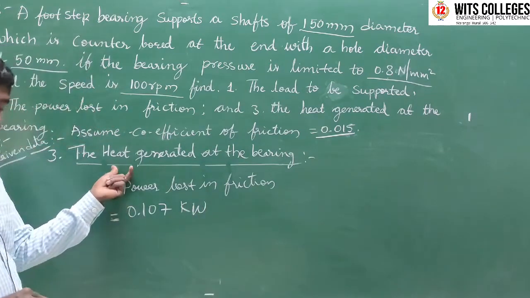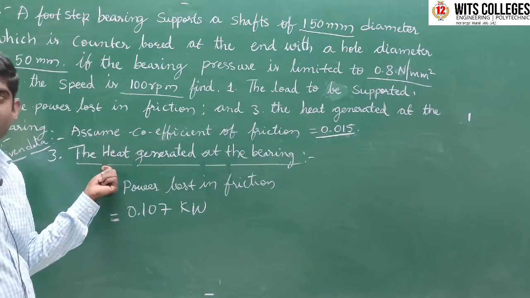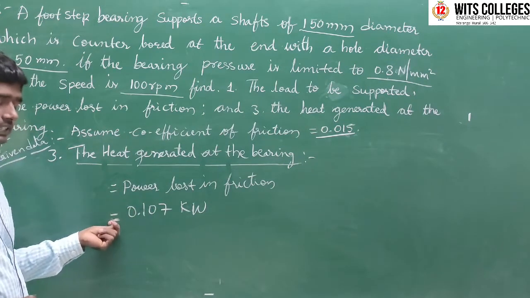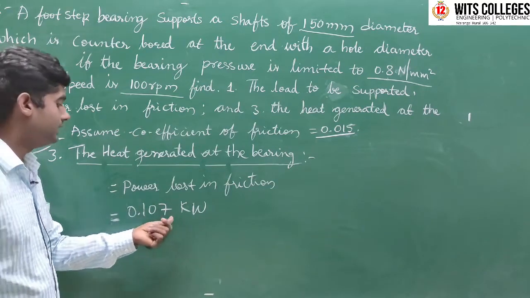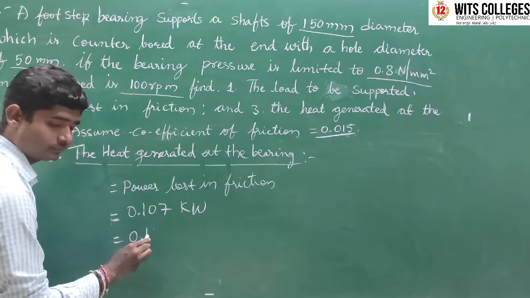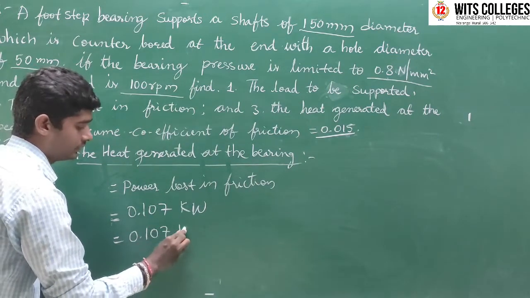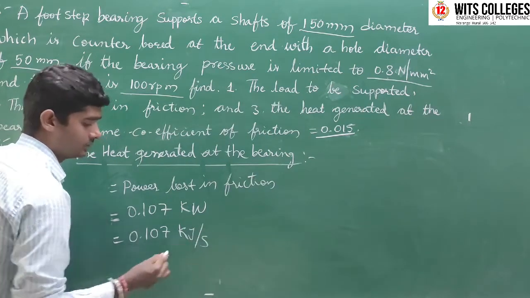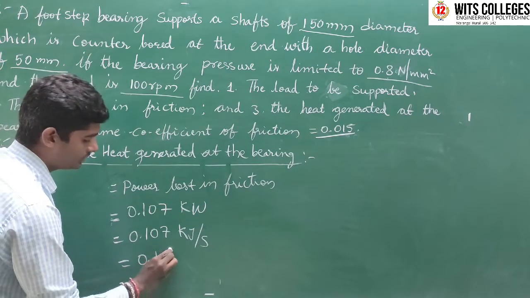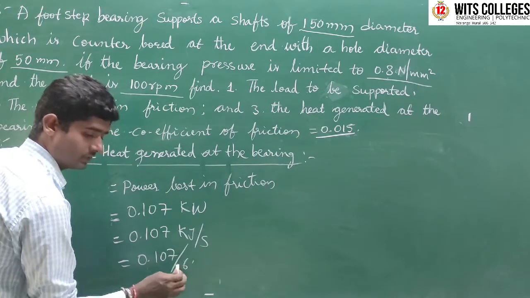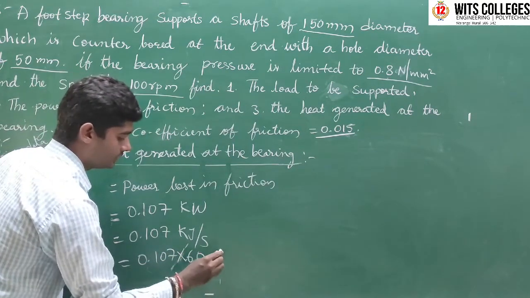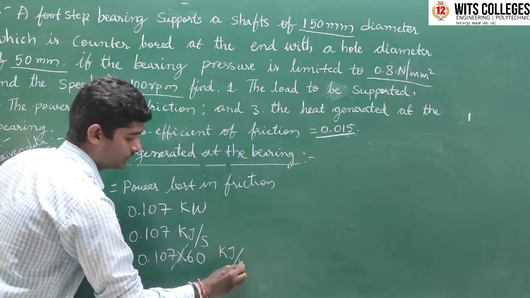But the unit of heat generated is kilojoule per second, and kilojoules per second is equal to kilowatts, so it is the same, 0.107 kilojoule per second. For kilojoule per minute, multiply by 60.